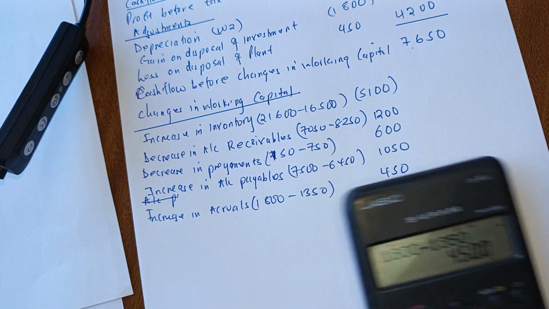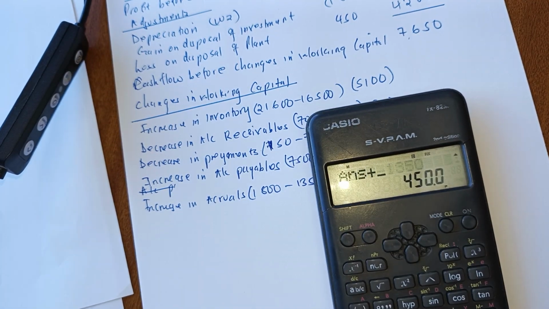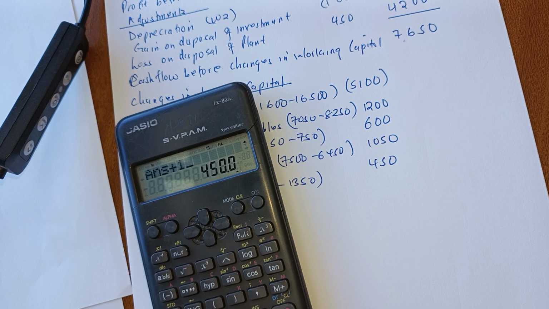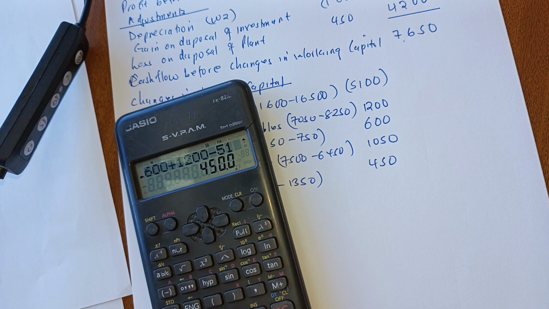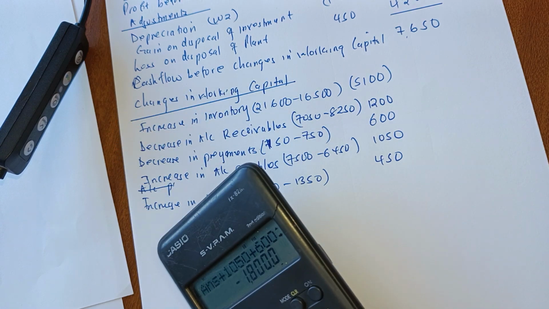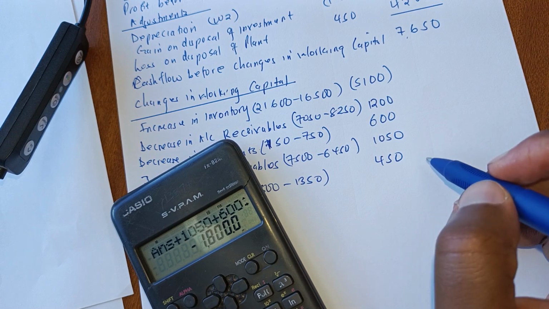So let's now start solving it. So 450 plus 1050 plus 600 plus 1200 minus 5100 minus 5100. So you get negative 1800 here.